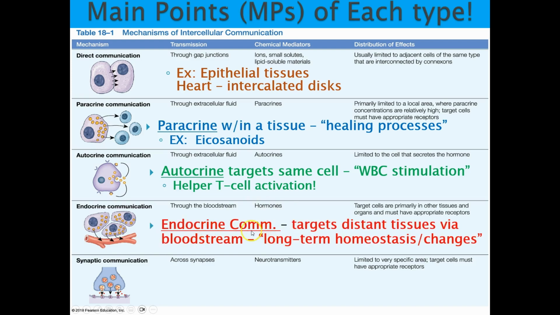So when it comes to endocrine communication, you should know it's the targeting of distant tissues, because these were all nearby. This is literally the same cell, and this is literally within tissue. So endocrine is defined by targeting distant tissues, basically by using the bloodstream. All right, and then again, you should think long-term homeostasis or changes, i.e. maintenance of blood pressure, maintenance of blood glucose, maintenance of pH, maintenance of blood volume, maintenance of ion concentrations.